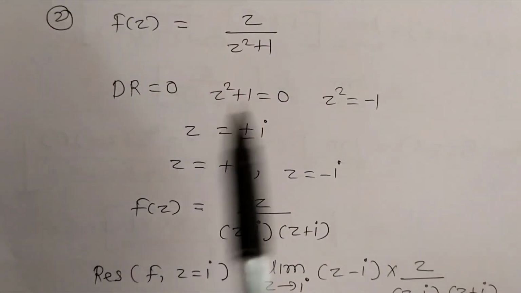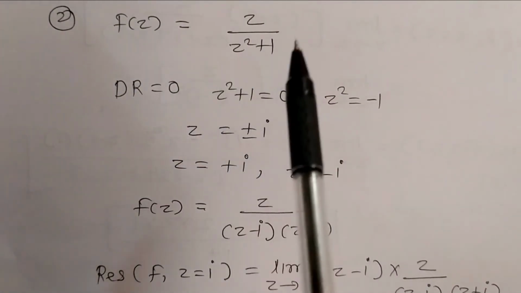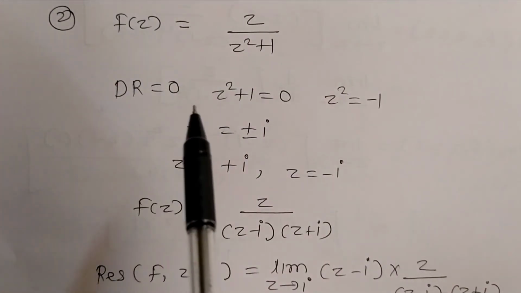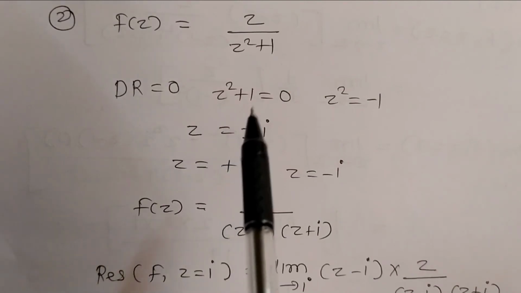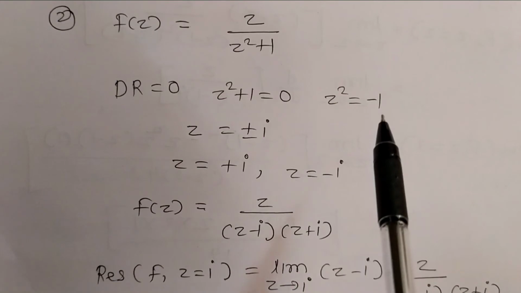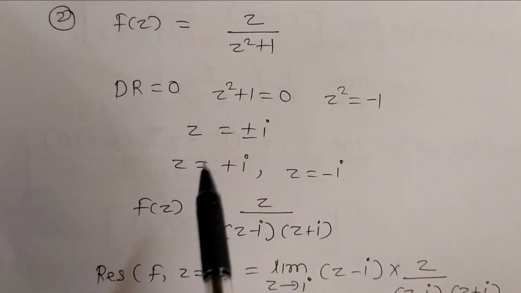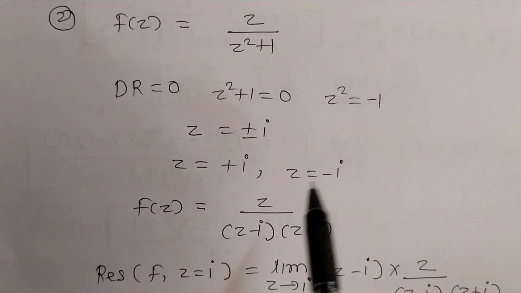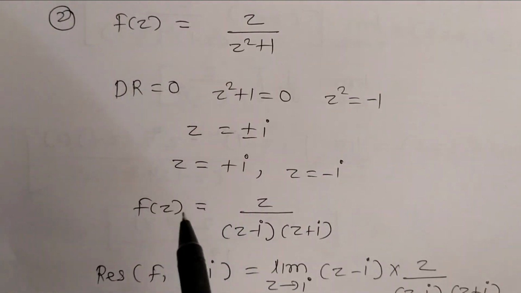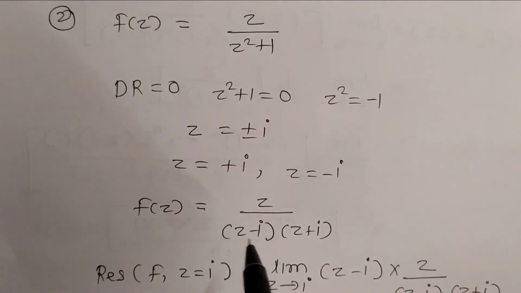For example, f(z) = z upon z^2 + 1. When the denominator is 0, that is z^2 + 1 = 0, that is z^2 = −1. Here z = ±i. When z = i and z = −i, f(z) is z upon (z − i)(z + i).